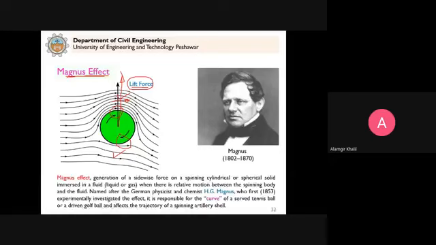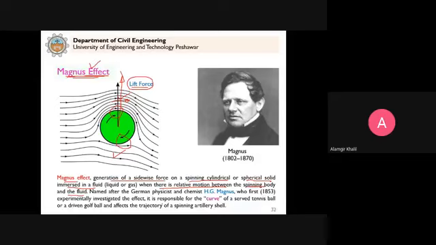Clear? And this Magnus effect is the generation of a sidewise force on a spinning cylinder or spherical solid immersed in a fluid, liquid or gas, when there is a relative motion between the spinning body and the fluid. So when the body is rotating and it is also moving through the fluid, this Magnus effect can be observed.